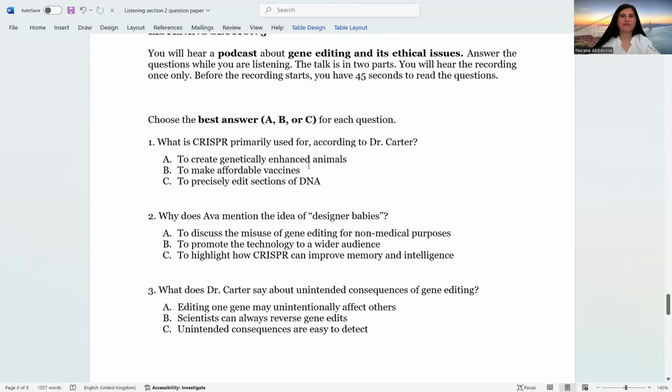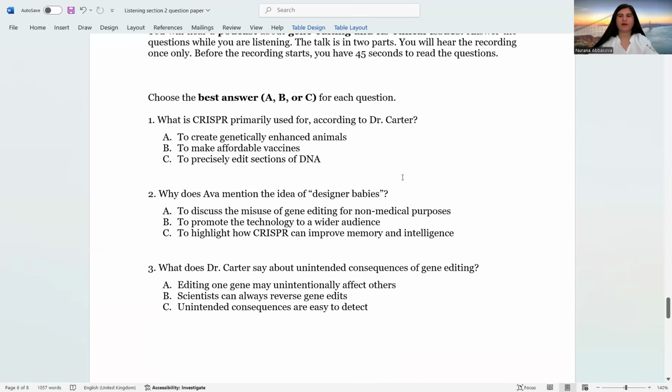Okay, next one, section 5 and first part. It means from 1 to 3. I can see correct answers. Bravo. Great, great, great. Wow, great. C, A, and A are correct ones.